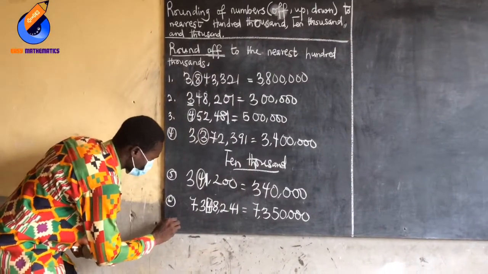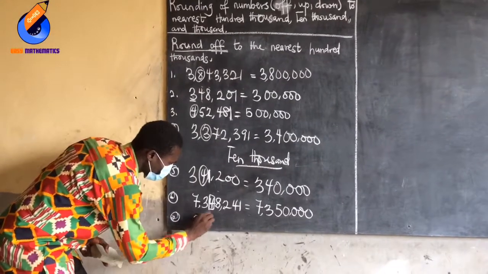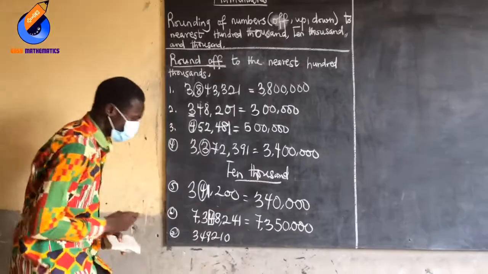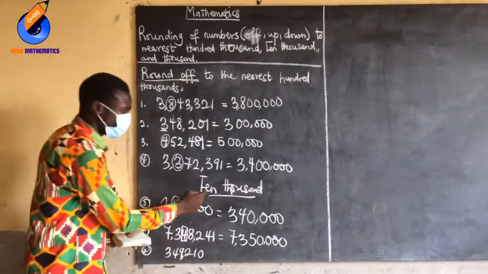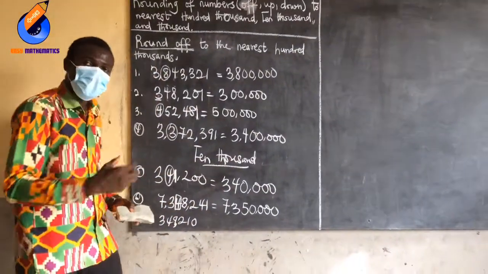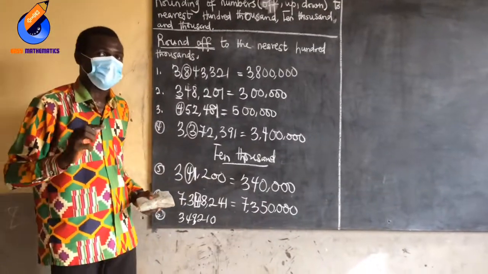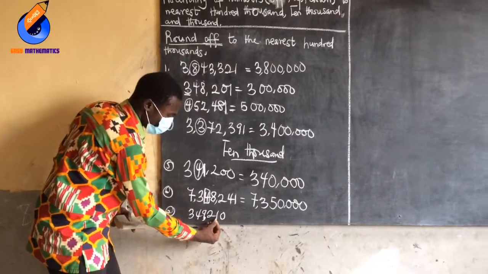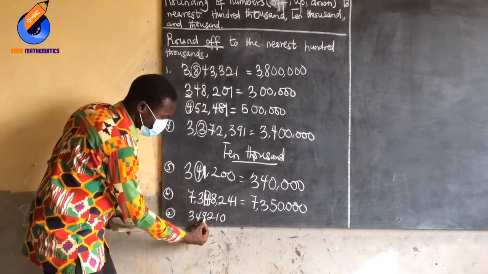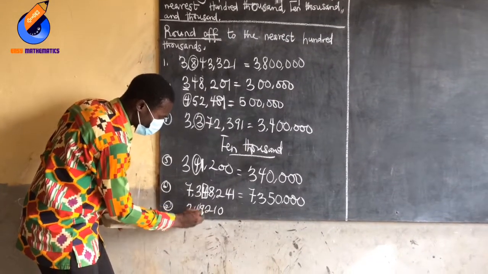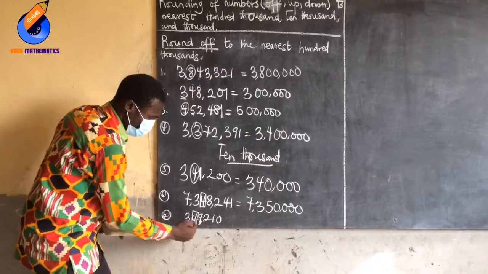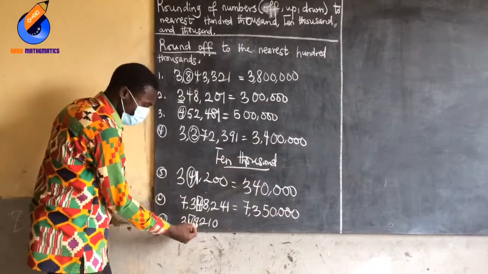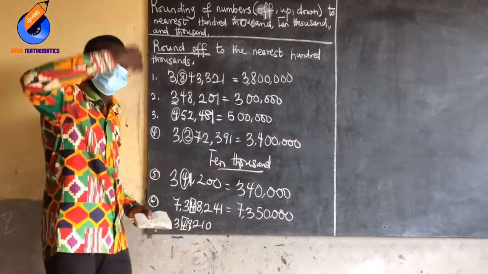Let's say we have another number, rounding off to the nearest 10,000. Locate the number having a place value 10,000, then you round it. So ones, tens, 100, 1,000, 10,000. The number close to this number on my right is 9. This 9 is greater than 5.